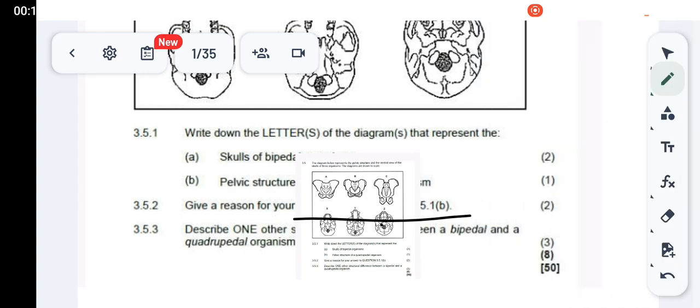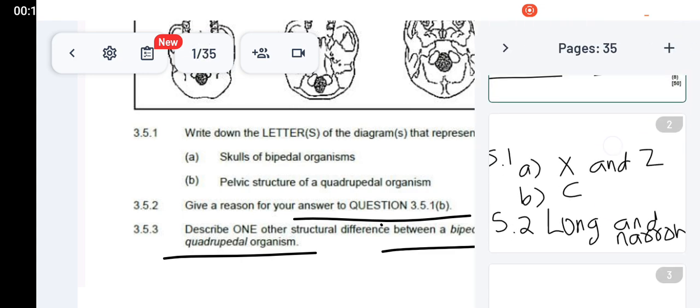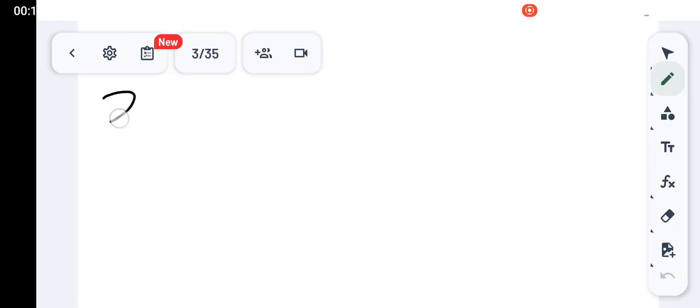Okay? And then the following question, which is the last question, is saying to us, describe one other structural difference between a bipedal and a quadrupedal organism. So they are asking you to describe one other structural difference, besides those differences that we can see on the diagram that is given to us. So we've got so many anatomical differences between a bipedal organism and also a quadrupedal organism, and it's very important to know them. Okay, so we can talk about the shape of the spine.